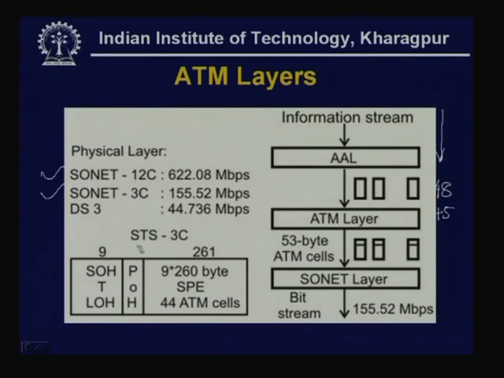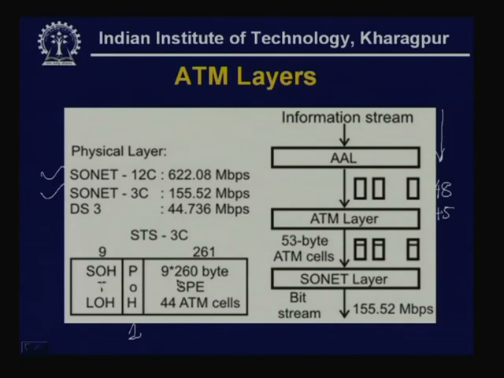So, SONET STS-3c, this is the frame. In this frame, as we know, we have the packet overhead header, then SONET overhead header, line overhead header. So, these headers are there. 9 bytes, and then 1 byte for the packet overhead, and the remaining are used to pack the ATM cells.